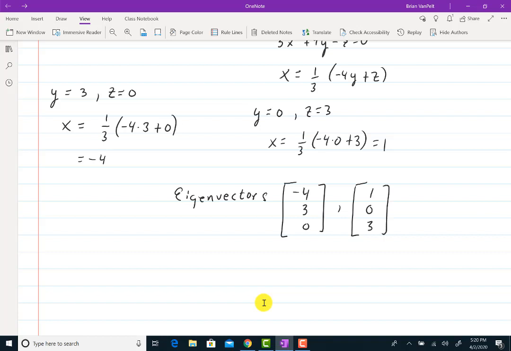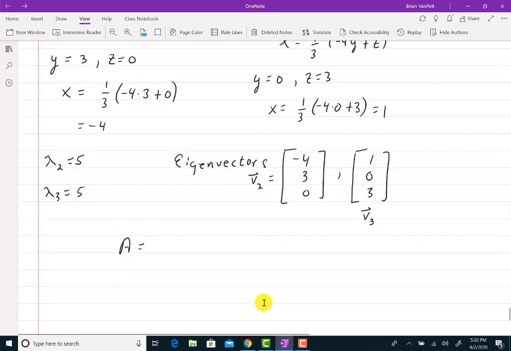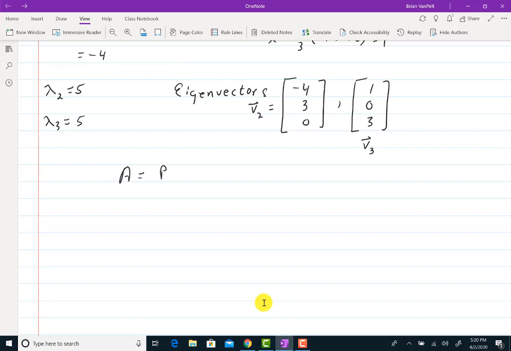So let's do this. Let's do lambda 2 equals 5. Let's call the first vector v2. Then we'll call lambda 3 equal to 5. And then this vector here we'll call v3. So then when I construct the breakdown, it's supposed to be P, D, P inverse.